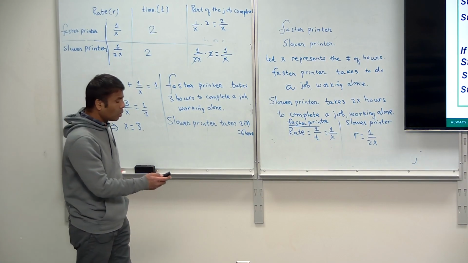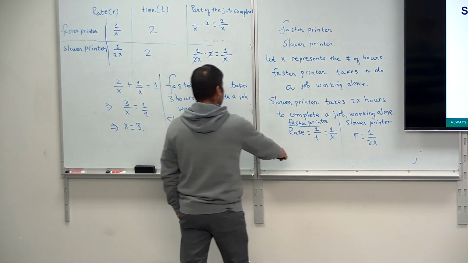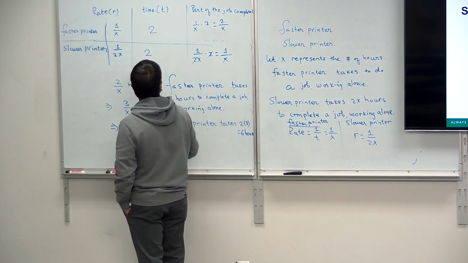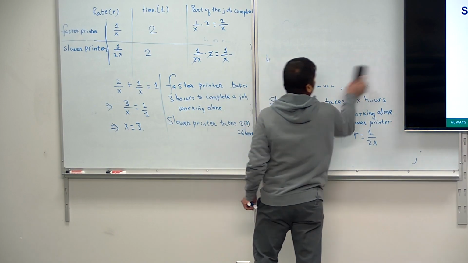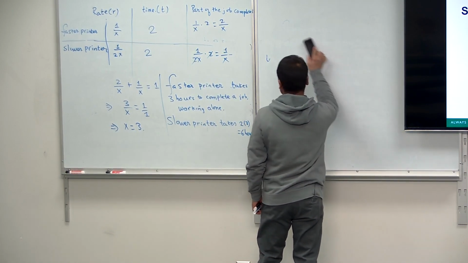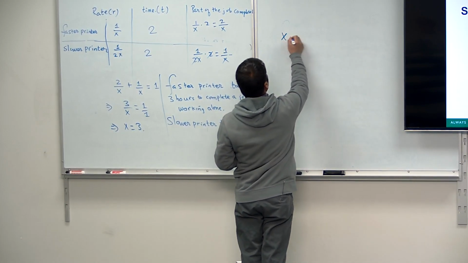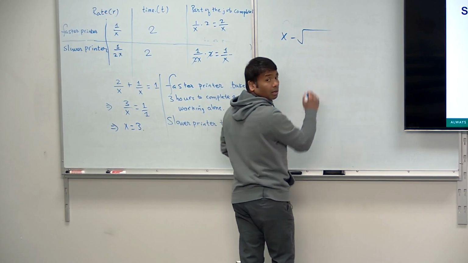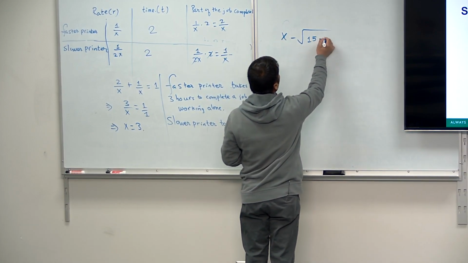So let me work with the problem. Now look at this equation, okay? You have x minus radical 15 minus 2x equal to 0.